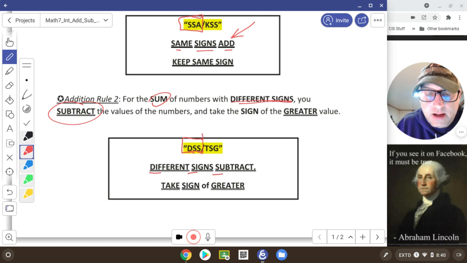That's if you have 5 plus negative 7, or 5 minus 7, or negative 7 plus 5. Different signs, one's positive, one's negative. The math that you do is actually a subtraction, and then you just take the sign of the greater number in all of these scenarios. Those are the rules.